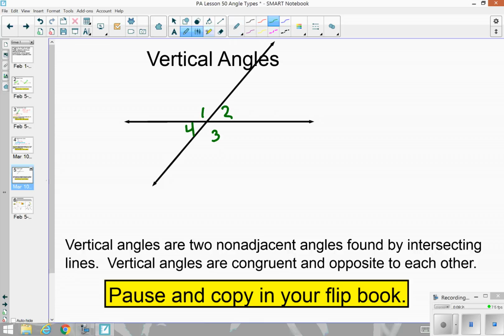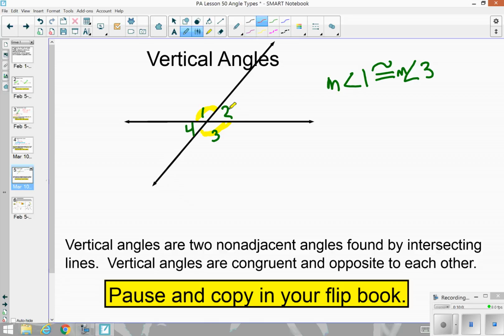When we look at these angles, we would notice that the measurement of angle 1 from here to here is the exact same measurement as it is from here to here for angle 3. So the measurement of angle 1 is congruent, and remember, congruent is equal with our little noodle on top, the measurement of angle 1 is congruent to the measurement of angle 3, and that makes them vertical.